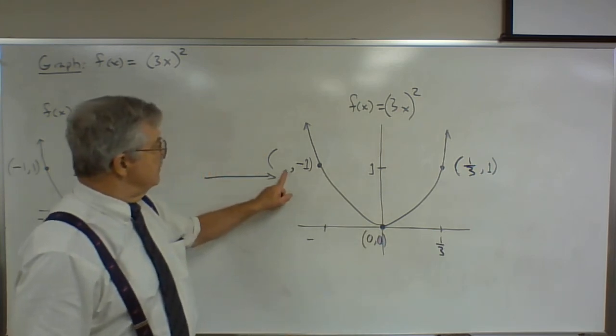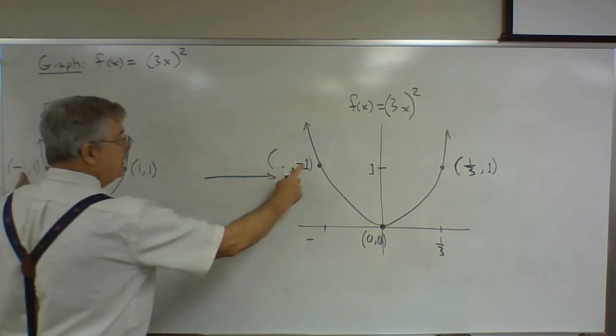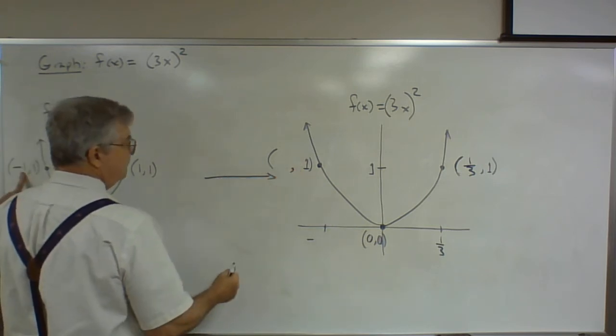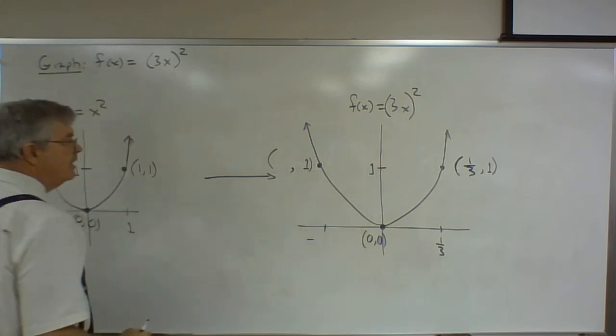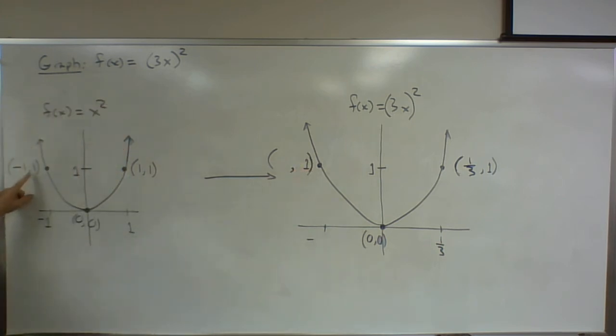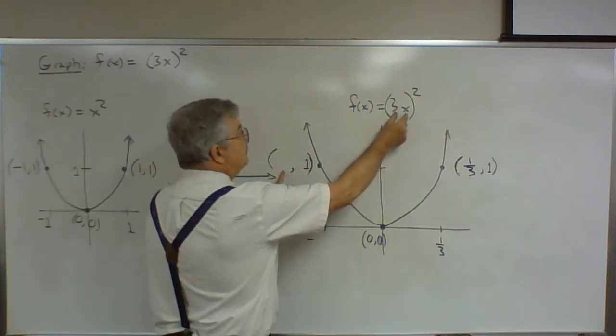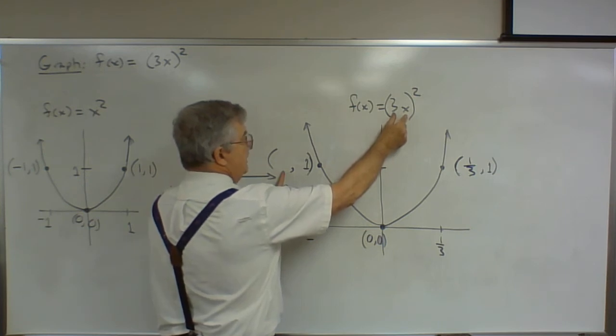And over here, on the original graph, the y-coordinate is -1. And right here, the y-coordinate is 1. Please forgive me. And on the original graph, the corresponding point has an x-coordinate of -1. So we want whatever it is that's being squared to be -1.